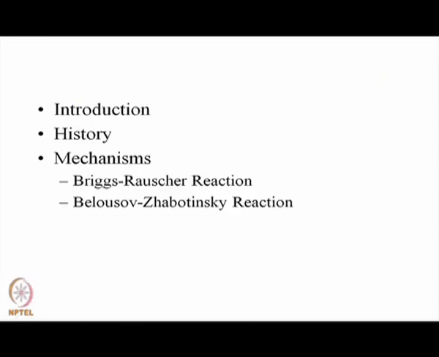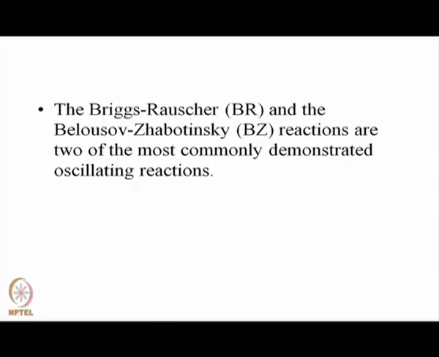Now, here we will talk about the history and also the mechanism. One is the Briggs-Rauscher reaction, another is the Belousov-Zhabotinsky reaction, that is, the BR reaction and the BZ reaction. BR and BZ reactions are two of the most commonly demonstrated oscillating reactions.